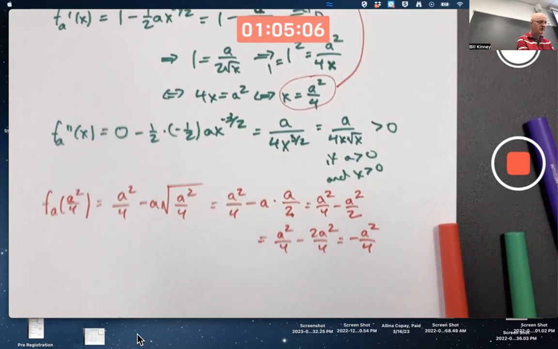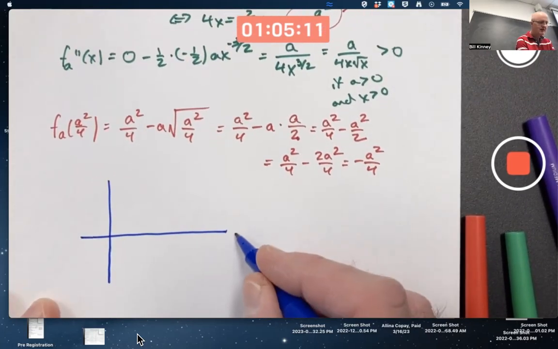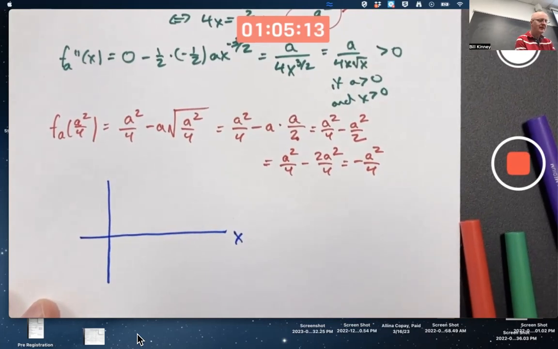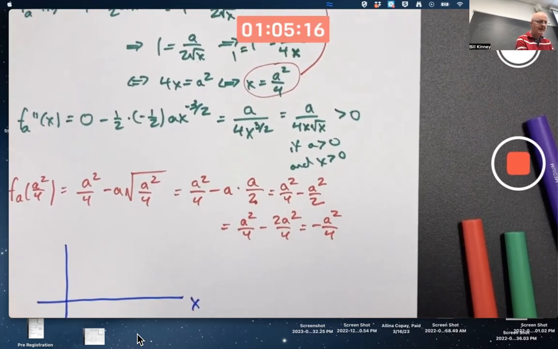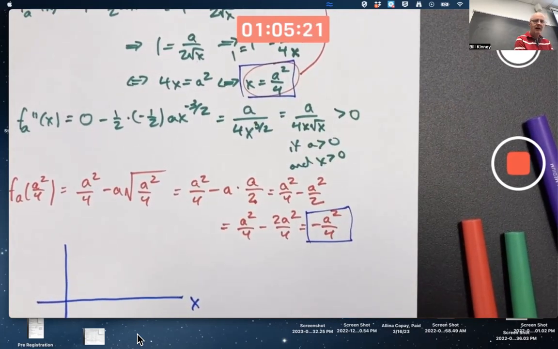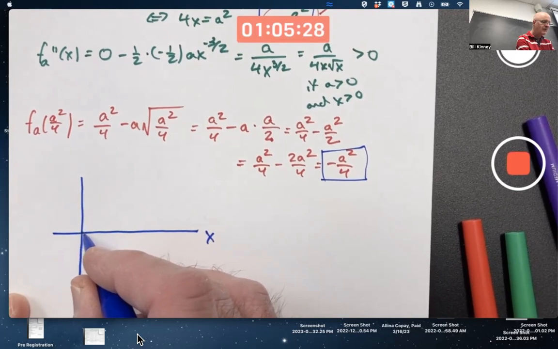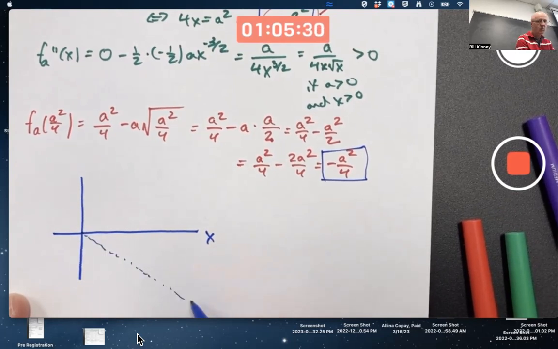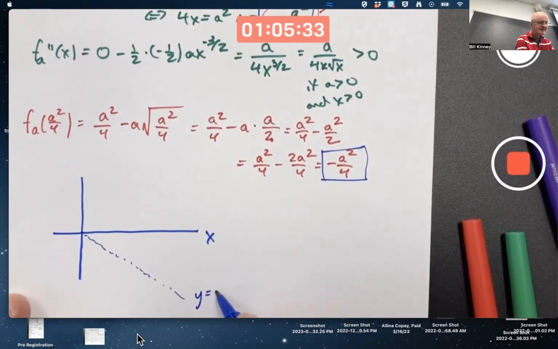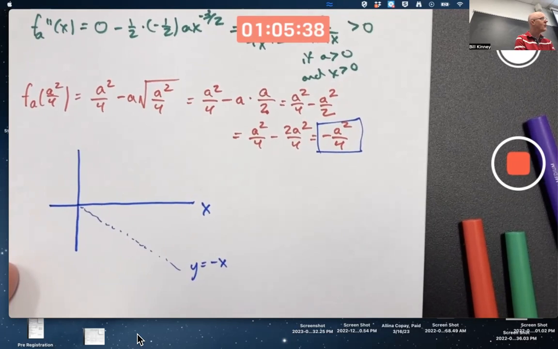So now if I draw a generic graph of this function, it's helpful to note that the critical point has a y coordinate that's its opposite, because what that will mean is that the low point of the graph will be on the line y equals negative x, where y has the opposite value as x. No matter what a is, your critical point is going to be on that line.